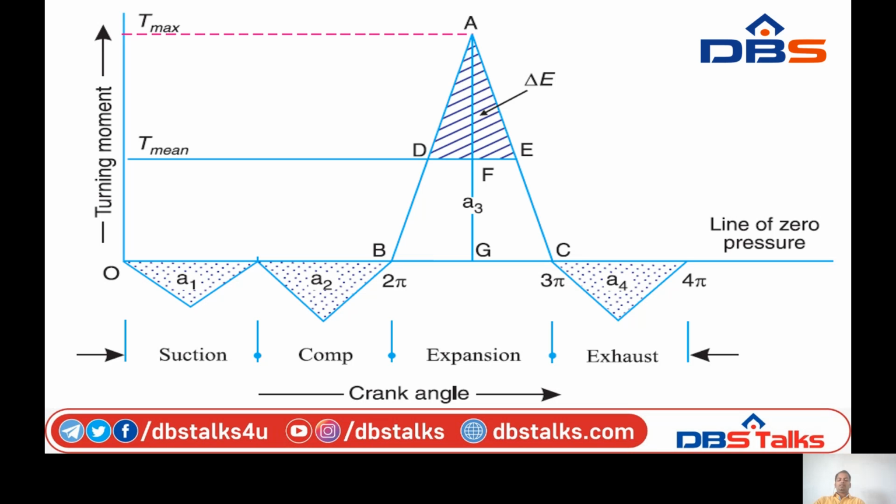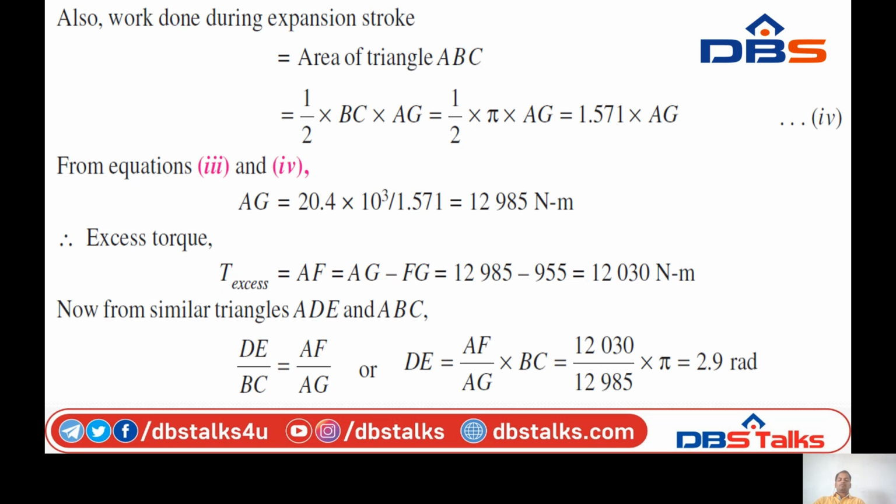That is the formula. So 12 into 10 to the power of 3 divided by the total crank angle 4 pi is equal to 955 newton meter.